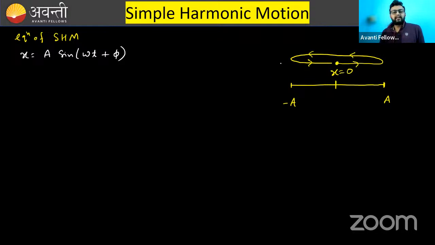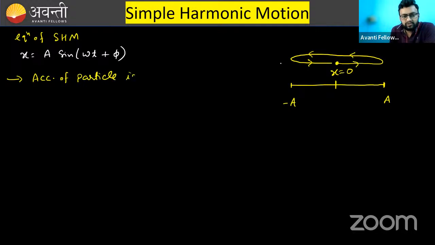Now, another thing that you should know, the acceleration of the particle is always towards the mean position. That is what we have learned. I am just recalling the basic things. What I'm saying, that acceleration of particle is always towards the mean position.